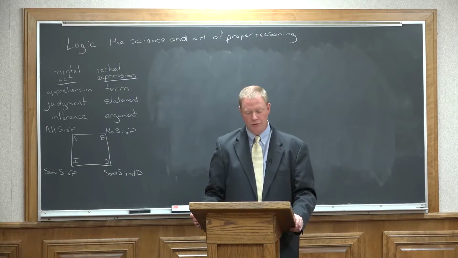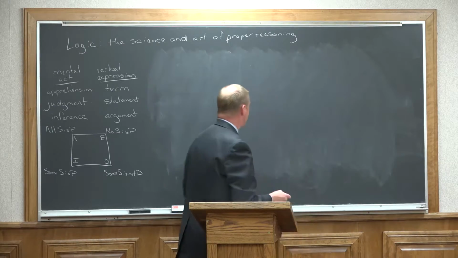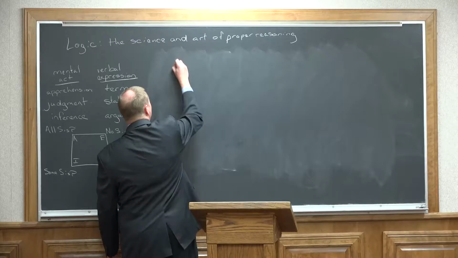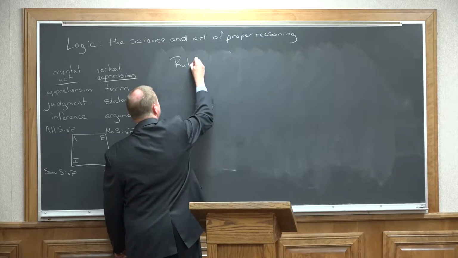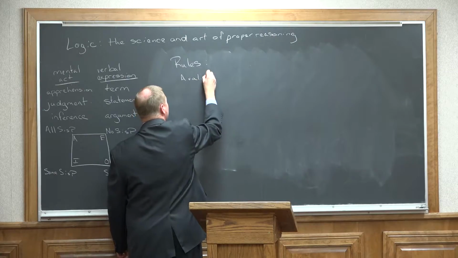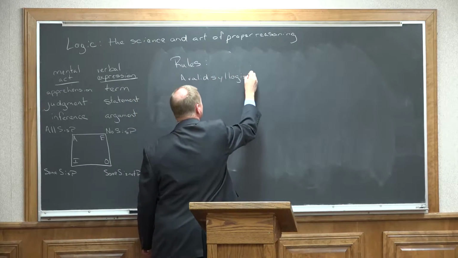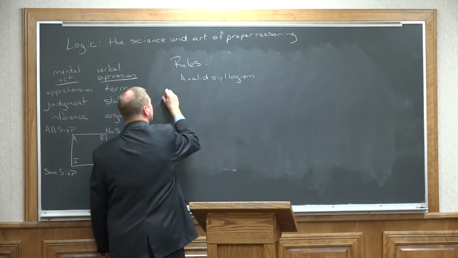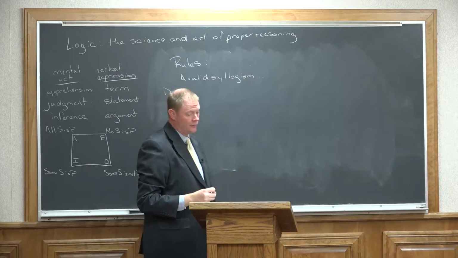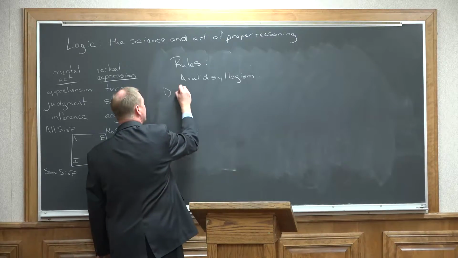So we need rules that will tell us whether or not the argument is valid. So, here are the rules. Number one, a valid syllogism cannot have two negative premises.